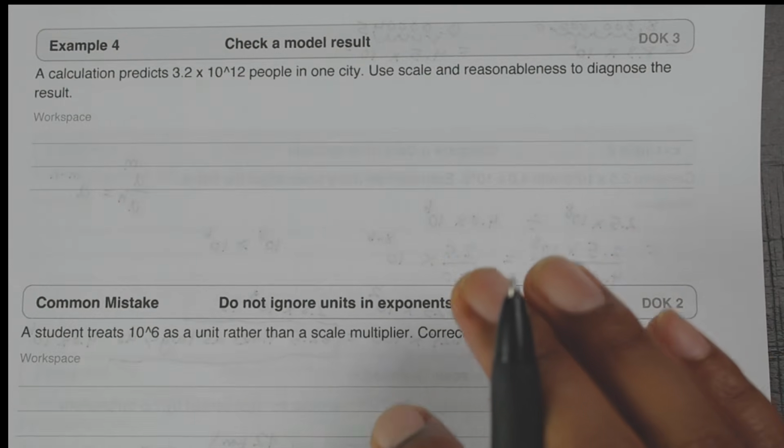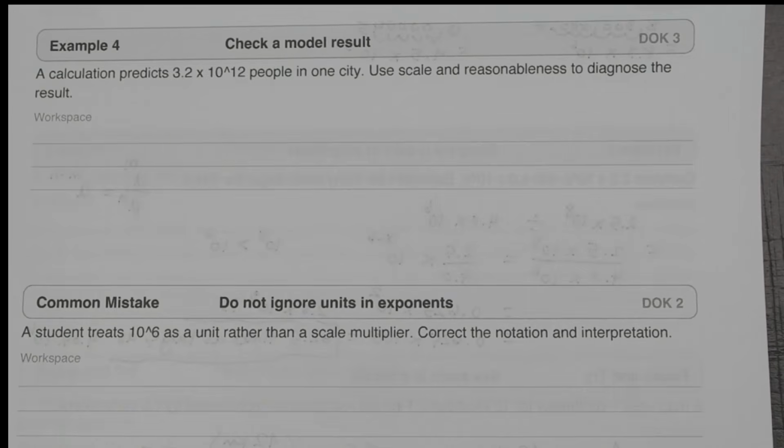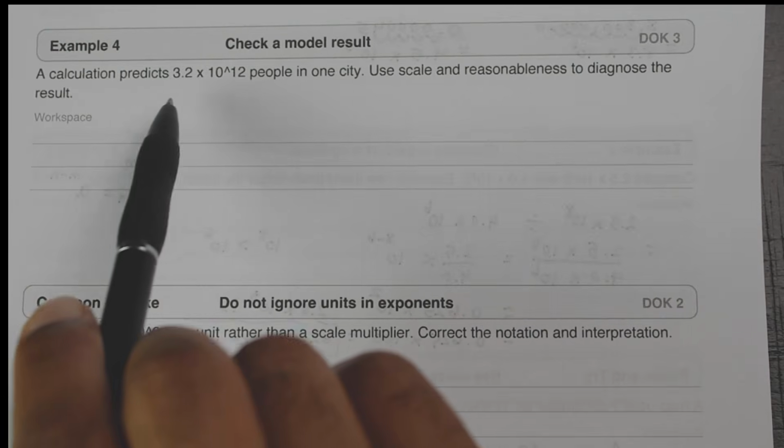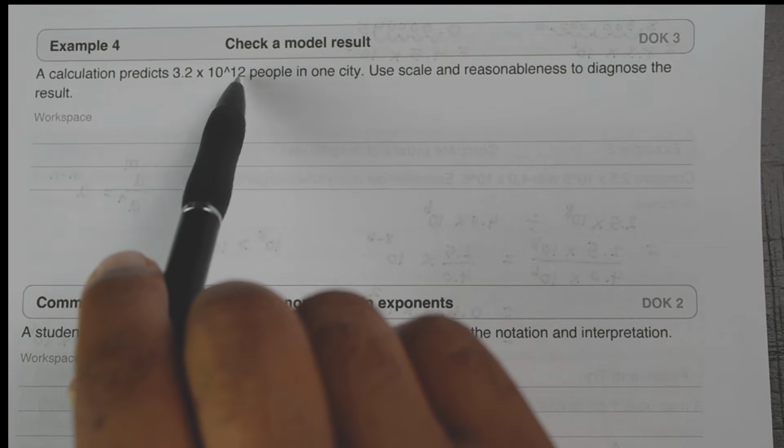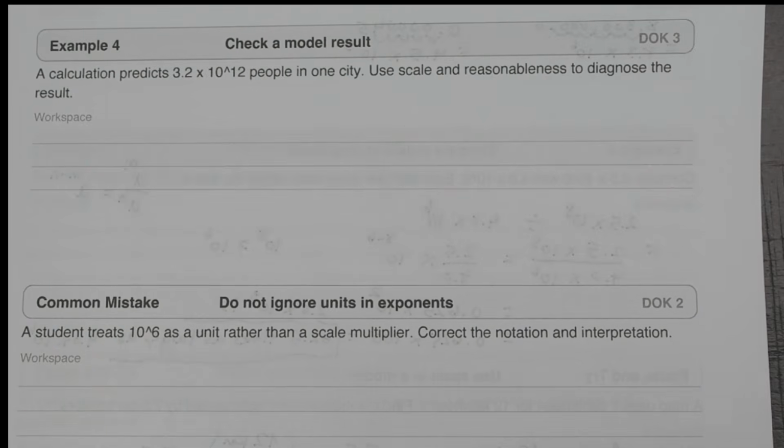Example number 4, check a model result. A calculation predicts 3.2 times 10 to the power of 12 people in one city. Use scale and reasonableness to diagnose the result.